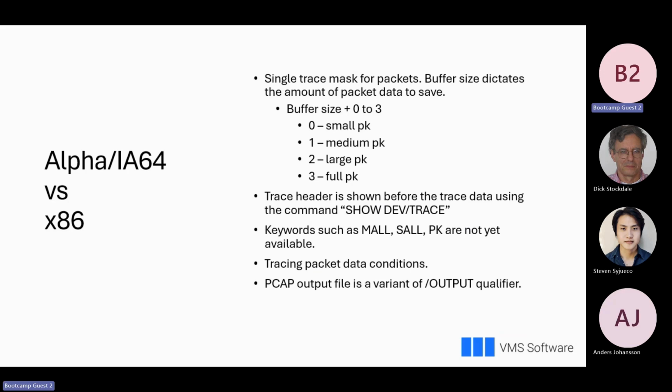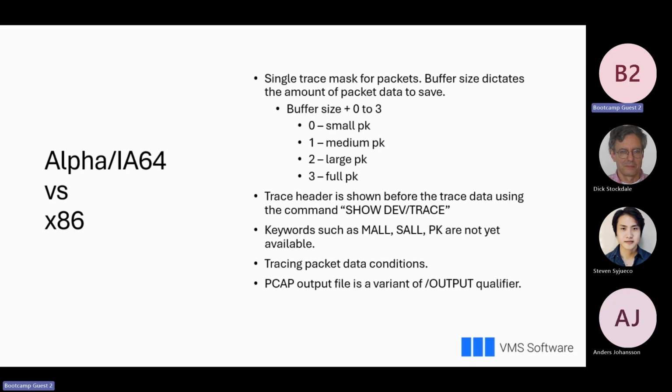When you do a show dev trace in x86, it would show you all the trace entries, but in Alpha and IA64, it would show the traceable events first, the ones we saw earlier, then the actual trace entries. We also have another limitation, which is the keywords. It's not available yet, so we don't have any shortcuts for that.